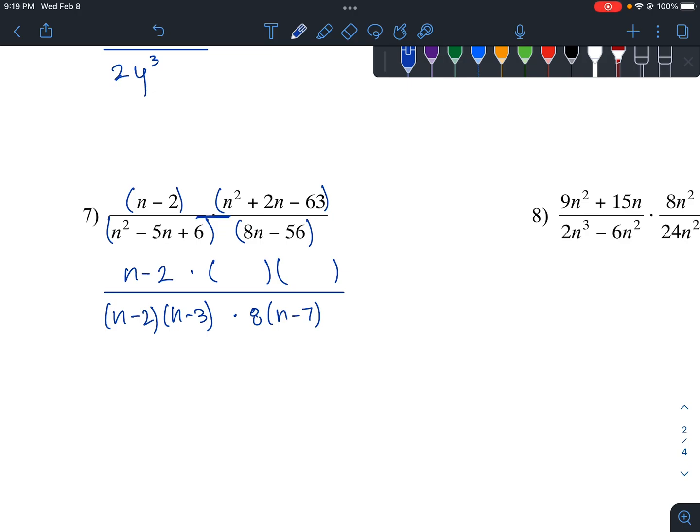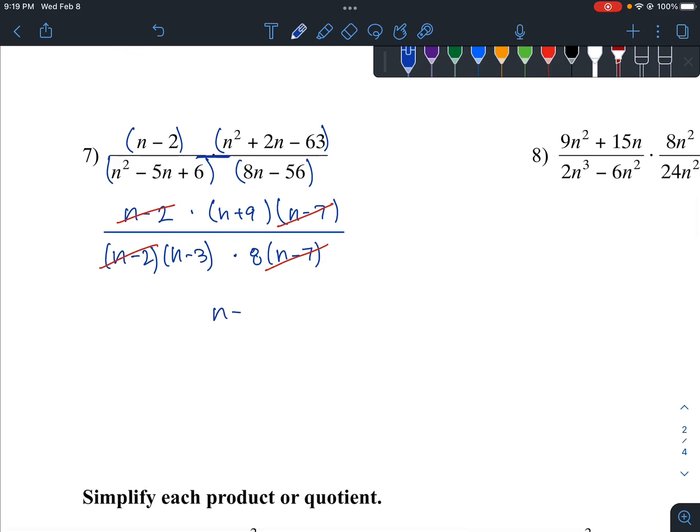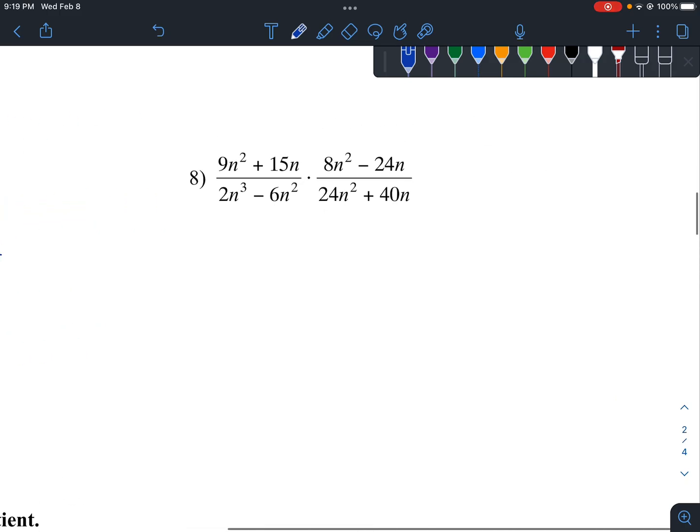So 63 divided by 9 is 7. So n minus 7 and n plus 9. That should do it. Okay, and now I'm just going to cancel factors. So there's an n plus 9, n minus 7, n minus 7, n minus 2, n minus 2. And I think what I'll be left with is n plus 9 divided by n minus 3 times 8. There you go.